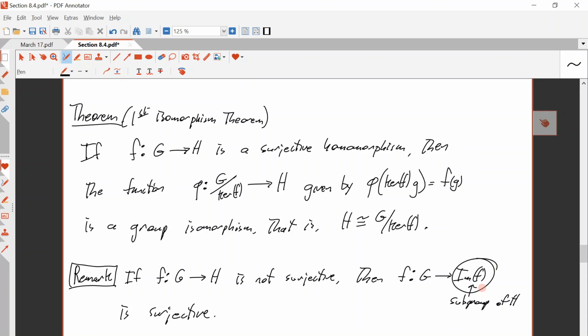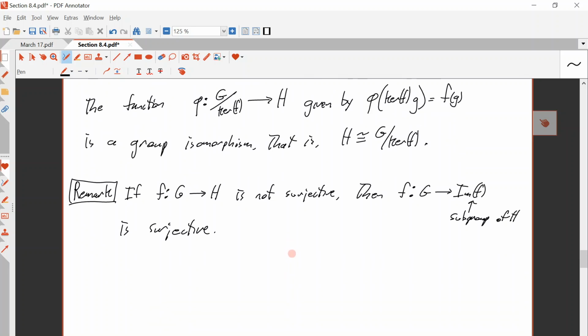You're really only using the part of H that G is hitting via F. So you can always restrict yourself to surjective homomorphisms. There's rarely a reason to consider non-surjective homomorphisms. Okay, so really we are talking about all homomorphisms. Okay, proof.